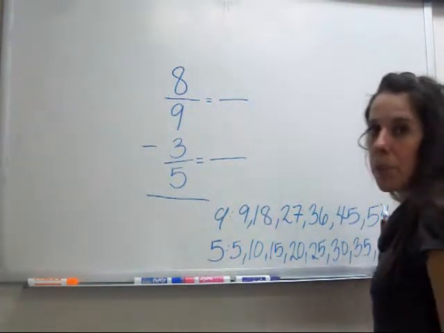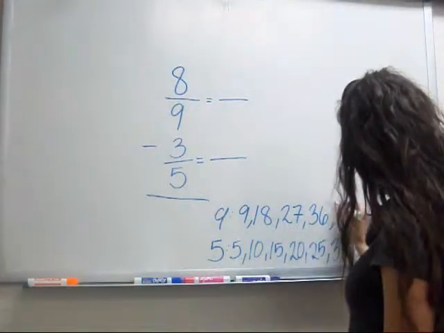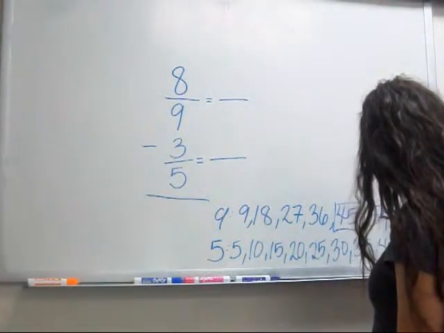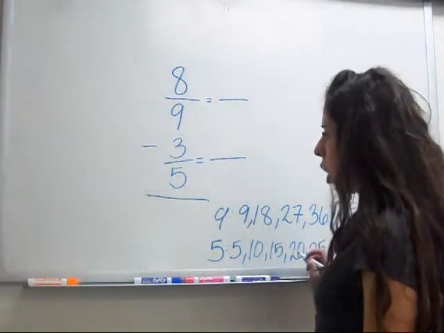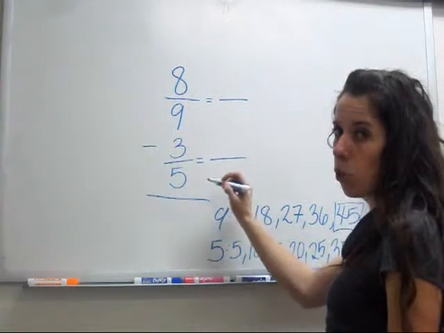I'm going to stop because I can see that I have 45 on this list and 45 on this list. I don't see any others that are lesser, so the least common multiple of 9 and 5 is 45.